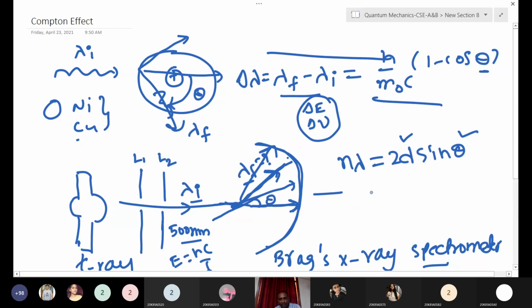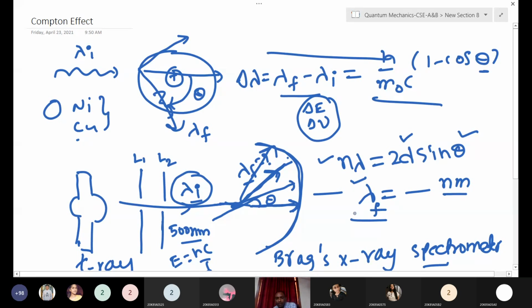From this expression we can estimate lambda, in nanometer or angstrom. So here we are estimating the lambda of the scattered photons. The initial wavelength we know, and after collecting the scattered photons we use Bragg's condition and estimate the final wavelength of the photon.